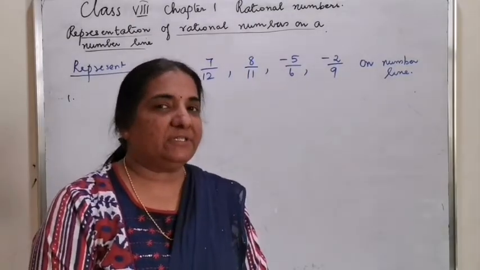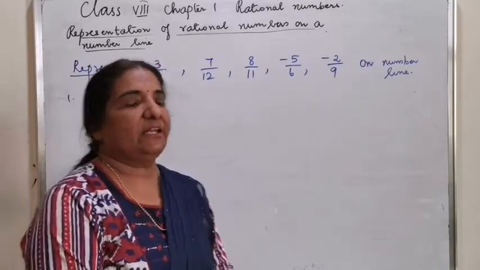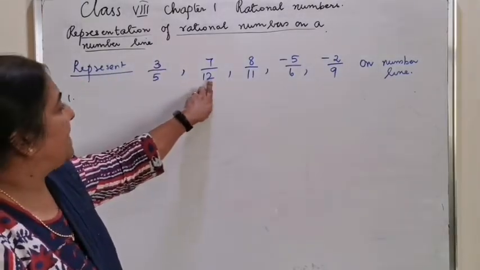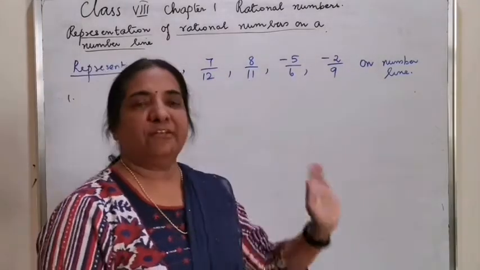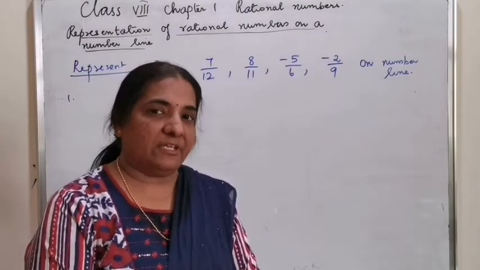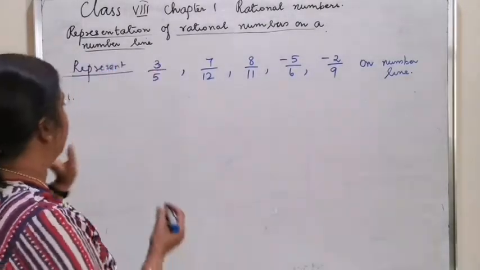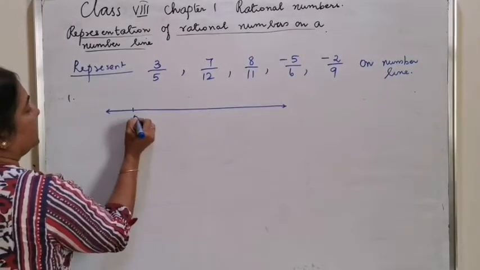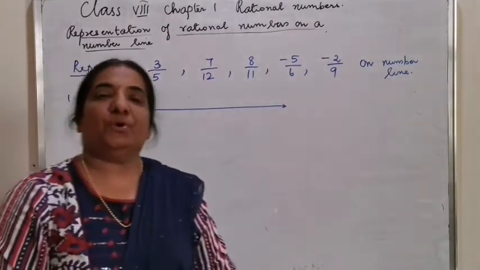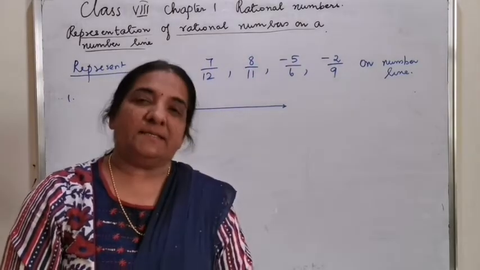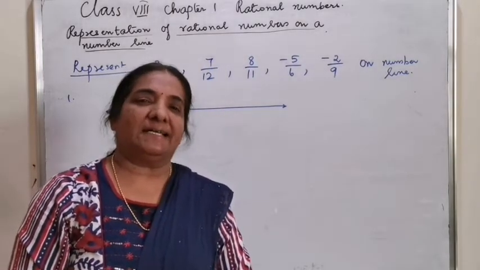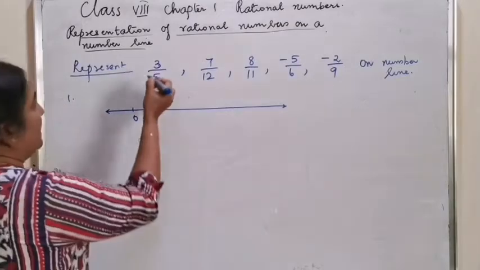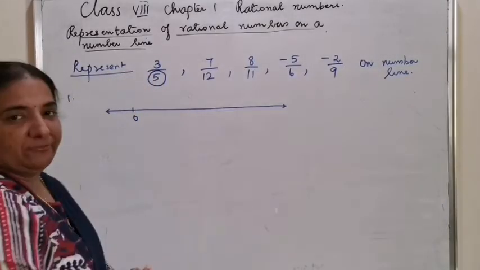There are 5 different questions. If you check the denominators, 5, 12, 11, 6, 9, different denominators I have given to you. The question is, represent 3/5 on a number line. Using a scale, you draw a line and select any one point as 0. The denominator is 5.